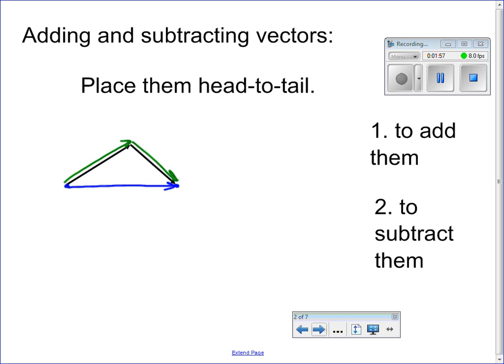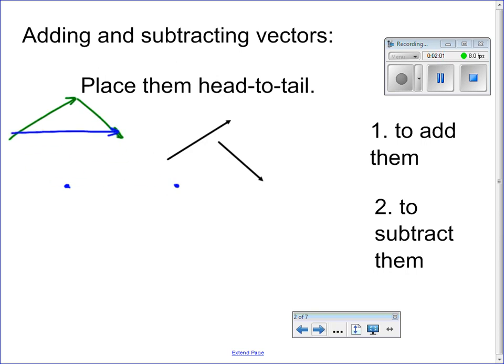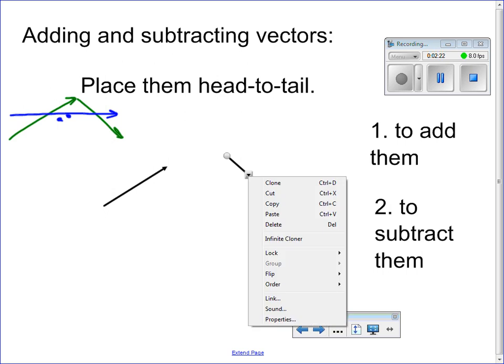Now, subtracting vectors works a little differently. Subtracting vectors we will get into when we talk about vector acceleration. It's the last lesson in the course. But if we wanted to subtract this vector here from this vector, then what we have to do is we have to reverse this one. So we would take this vector and we would, I think this should work.